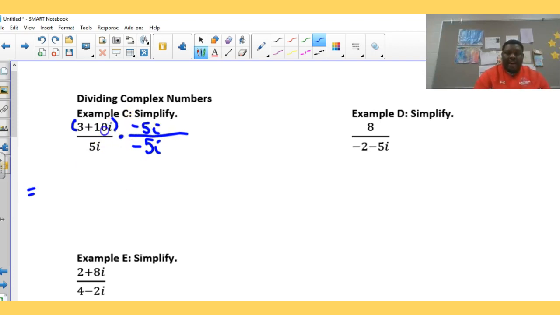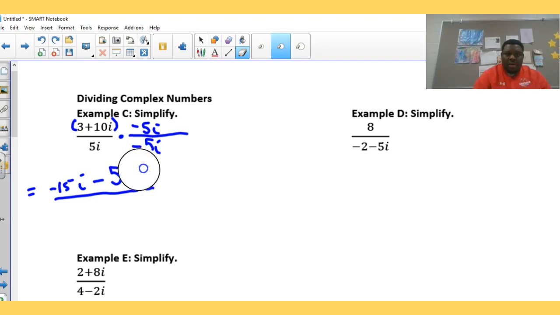So you get negative 5i times 3, that's negative 15i, and you get negative 5i times positive 10i. So negative 5i times positive 10i is a negative 50i squared. Negative 5 times 10 is negative 50. Oops, see that right there, what I just did? Caught myself with a little mistake, but I'm gonna correct it right now.